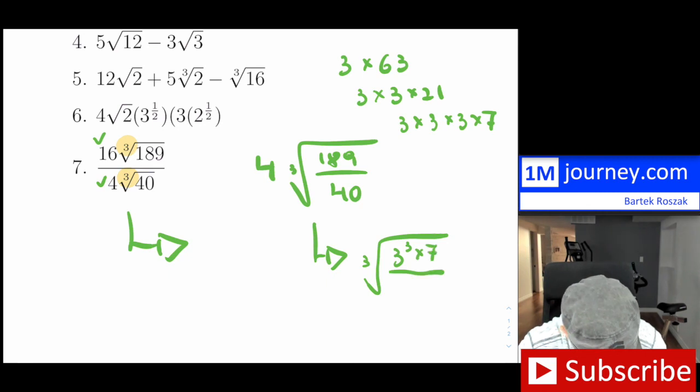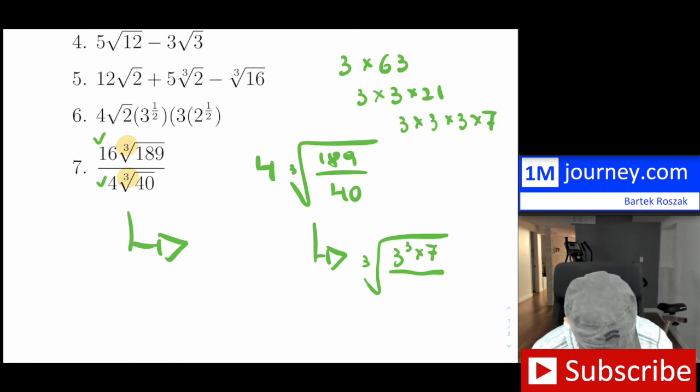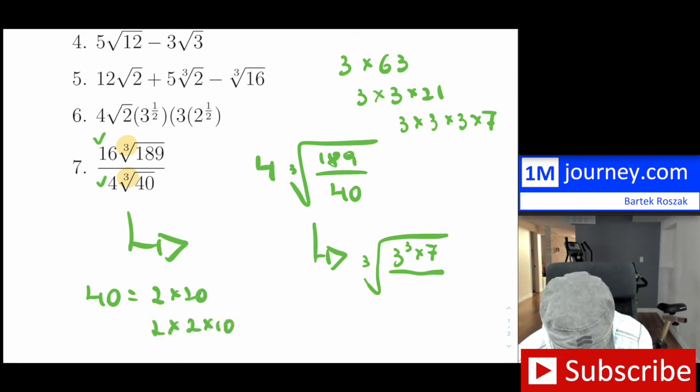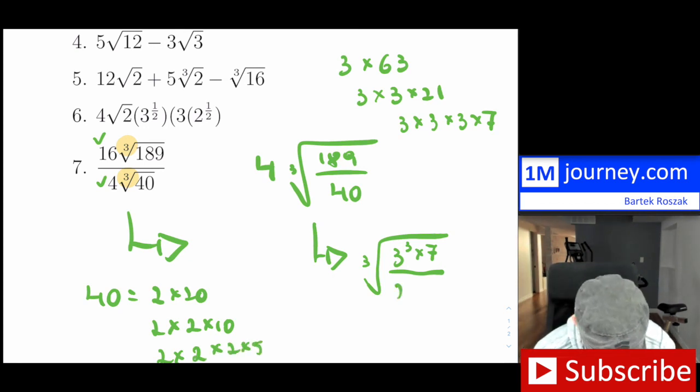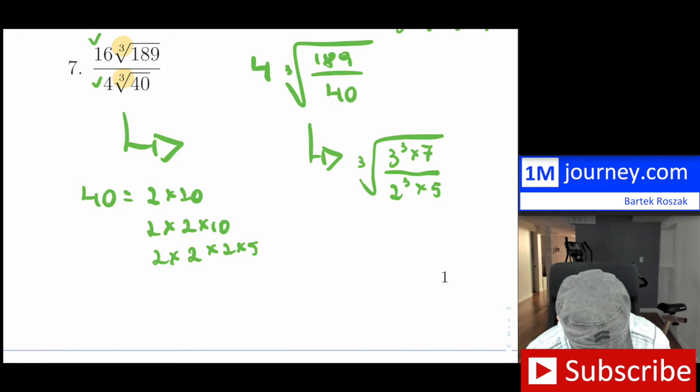And then in the denominator, for the 40, this is 2 times 20, 2 times 2 times 10, and 2 times 2 times 2 times 5. So this is going to be 2 cubed times 5. Perfect. Let's not forget this 4.